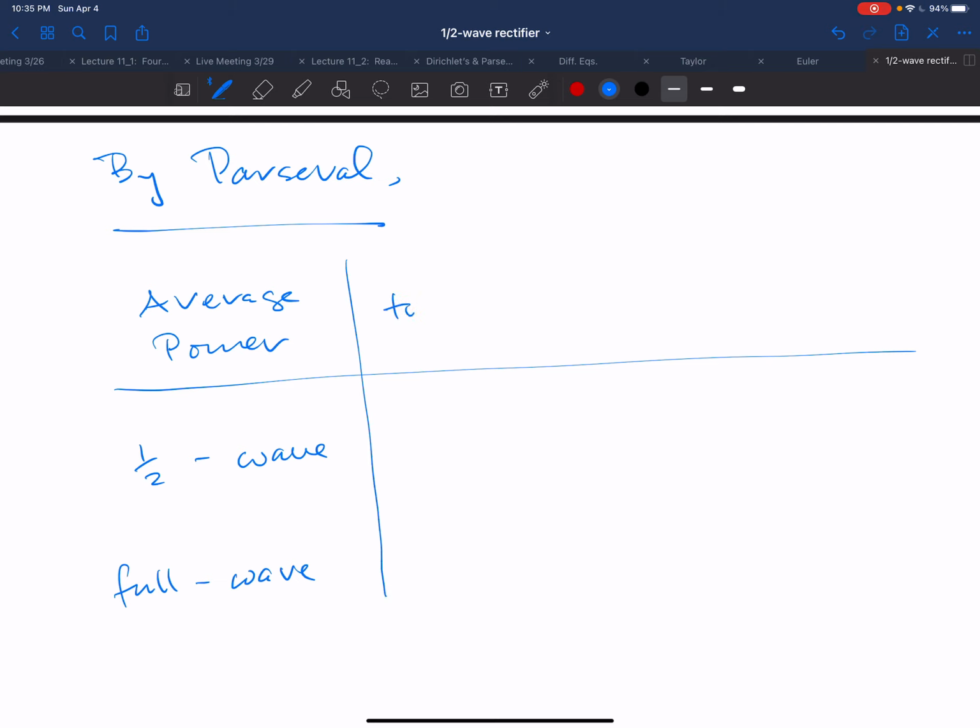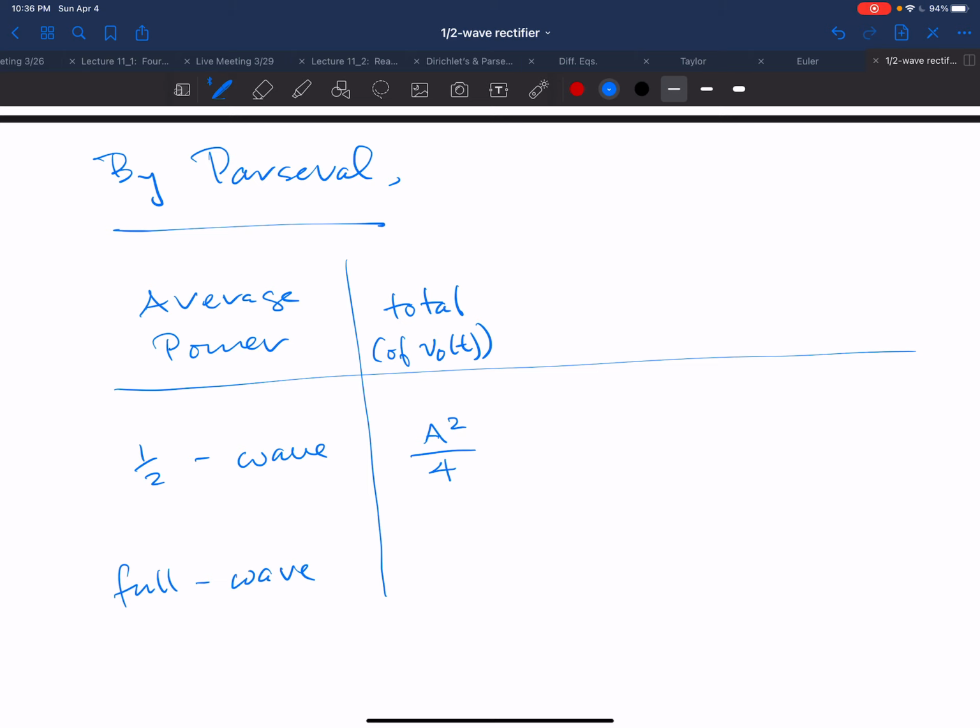First of all, the total average power in the V out is going to be a squared over 4 in the case of the half-wave rectifier, right? Because we saw that the power in the input sinusoid itself is going to be a squared over 2.